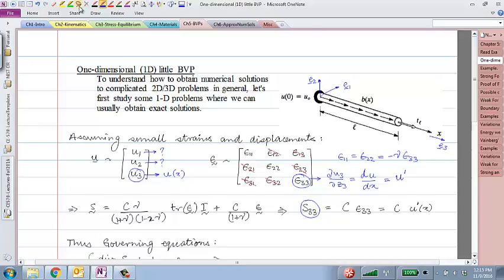All right. How about stress? I will use the Hooke's model in terms of Young's modulus and Poisson's ratio. If I plug that in, trace of epsilon would be what? Trace of epsilon would be E33, plus minus nu E33, plus minus nu E33. So we get 1 minus 2 nu E33.